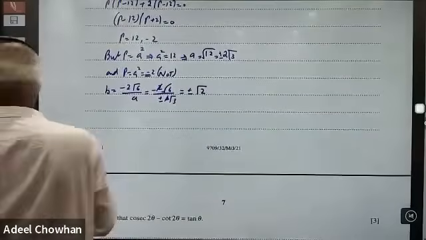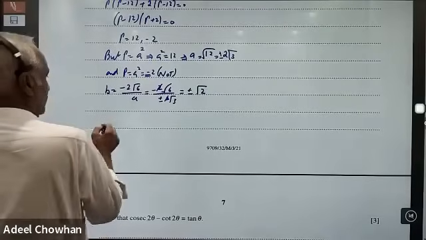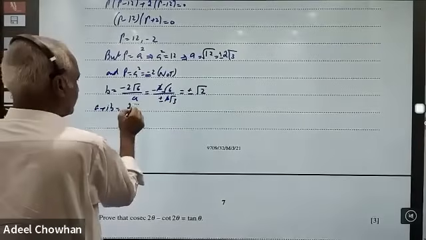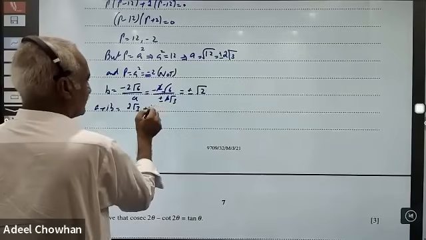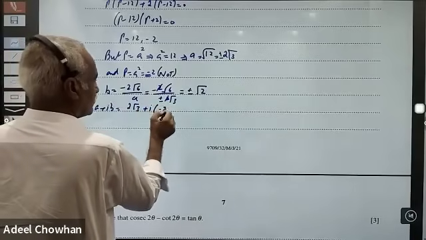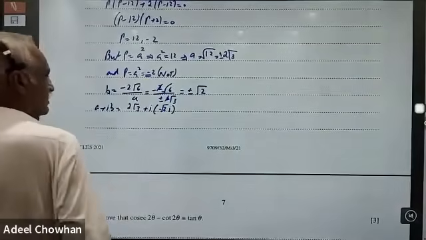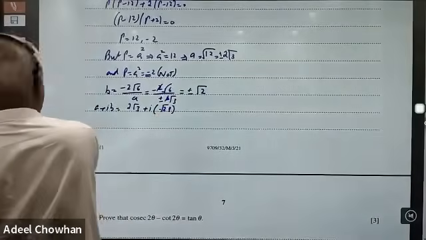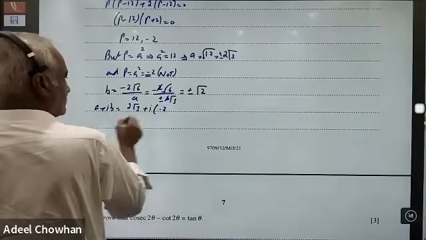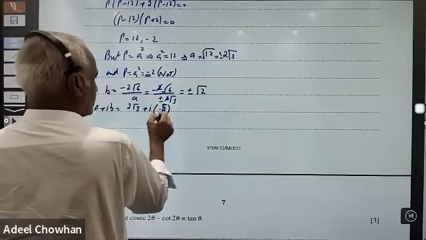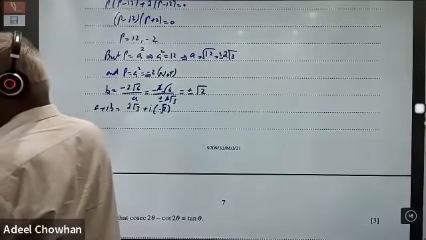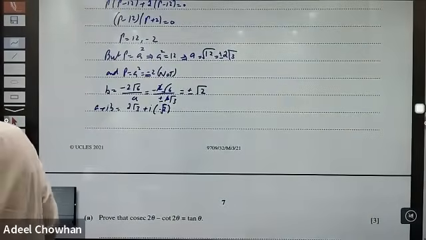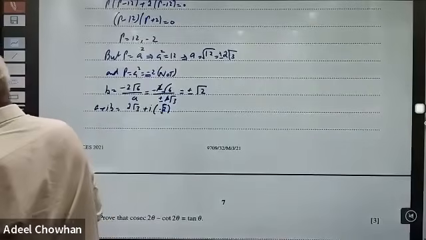So the value is finally written as A plus iota B. So if A is 2 root 3 plus iota, then the B value is negative. So 2 root 3 minus 2 root 2 iota.